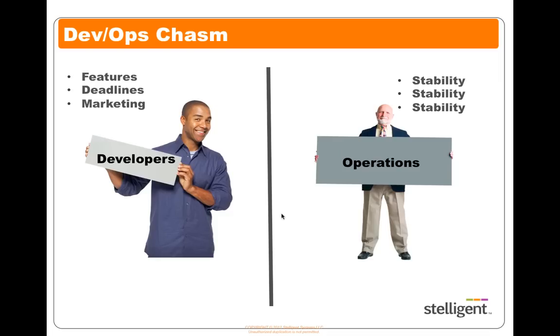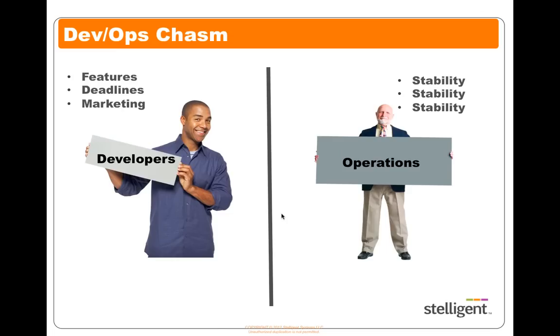Okay, so you have probably experienced, in particular on a larger project, but even on smaller projects, this occurs as well. You've got the DevOps chasm, right? So you have the different motivations of the various organizations and people.